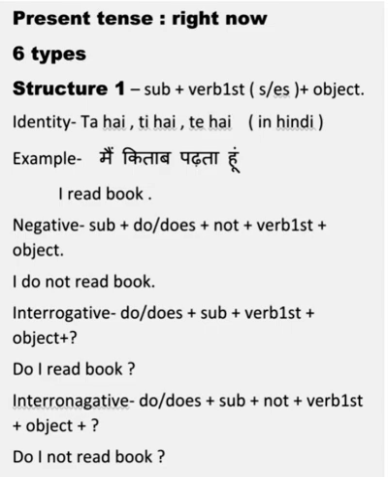Just like we have our surnames so that we are recognized differently, these sentences also have their surnames, or you can say identity, in the end, so that we can recognize them and change them from Hindi to English. So it's ta hai, ti hai, and te hai. When you find these at the end of a Hindi sentence, you'll know this sentence will be made using structure first in present simple.